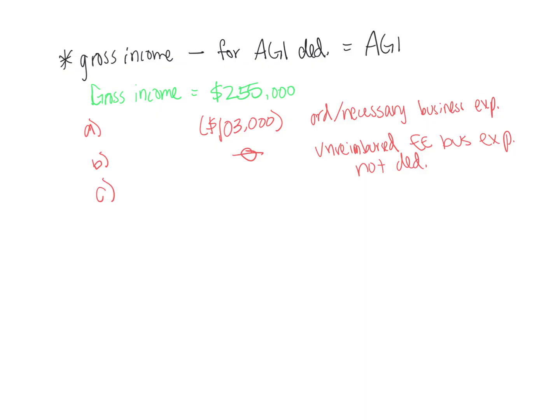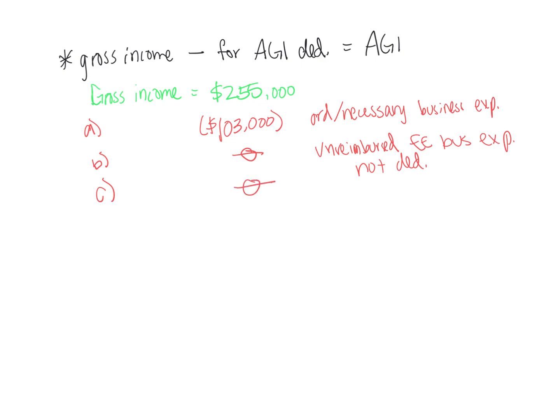All right, let's take a look at letter C. The Johnsons own a piece of raw land held as an investment. They paid $500 of real property taxes on the property, and they incurred $200 of expenses and travel costs to see the property and to evaluate other similar potential investment properties. Whenever we consider this fact, the amount that we can deduct for AGI is 0.